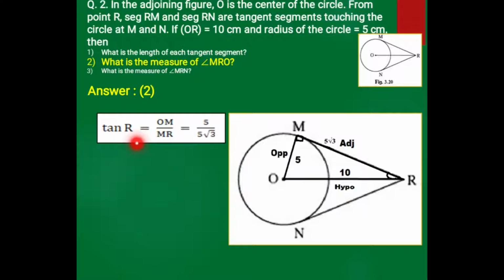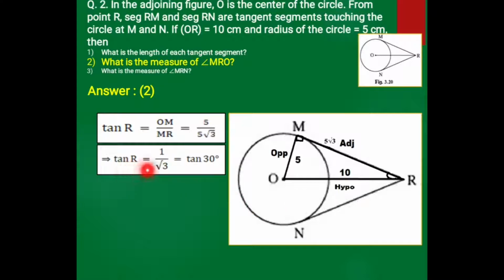So we write tan R, because we have to find the angle at R, that is angle ORM. So tan R equals OM upon MR. Substitute the value of OM, which is 5, and the value of MR, which is 5 root 3. So 5 gets cancelled.